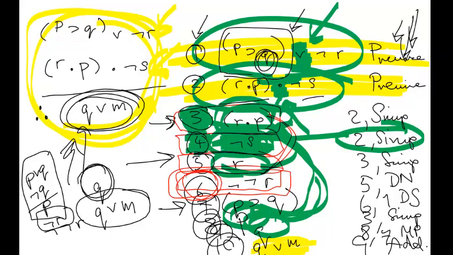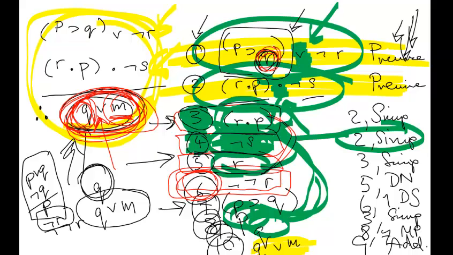What's my strategy? Well, I'm trying to get to Q, trying to deduce Q or M. I know that I'm not going to find M anywhere in here, but if I can find Q, by the rule of addition, I can get to Q or M. So all I need is Q. Where's Q? Well, Q is right here.